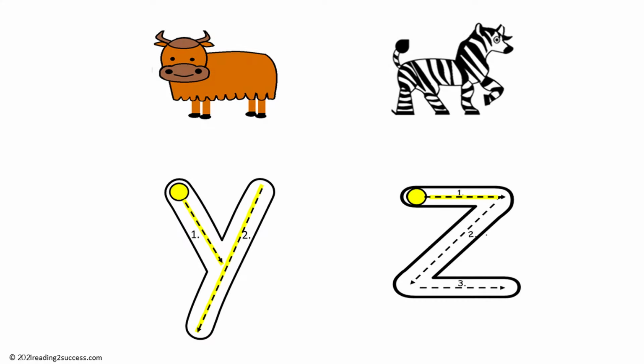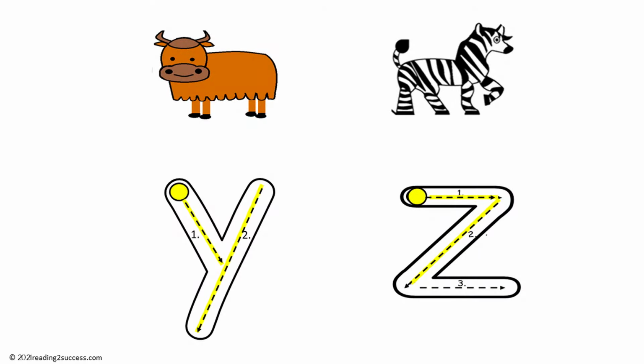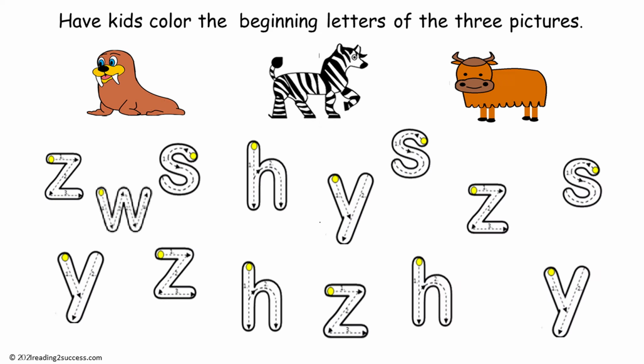The letter Z has three parts, part 1, part 2, and part 3. Now have kids color the beginning letters of the three pictures. And this is a completed example.